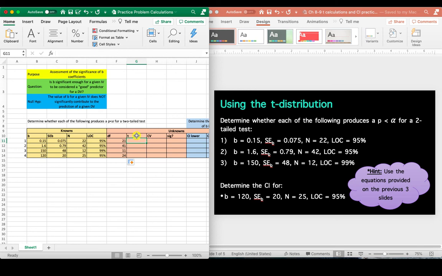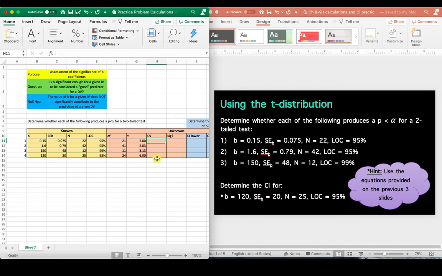Okay, so t is going to be calculated by taking b divided by the standard error of b. This is a pretty simple calculation for us to do in Excel, where we're just going to create cell references and divide accordingly. I'm going to make all of these to the second decimal place.